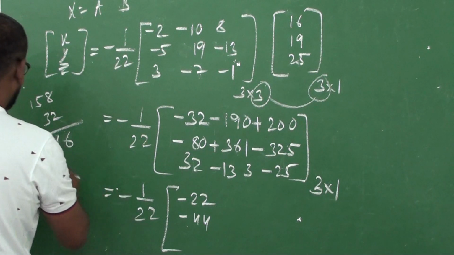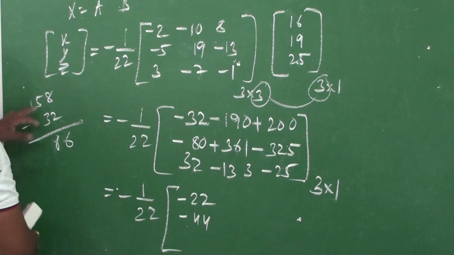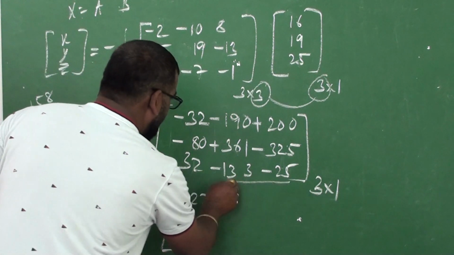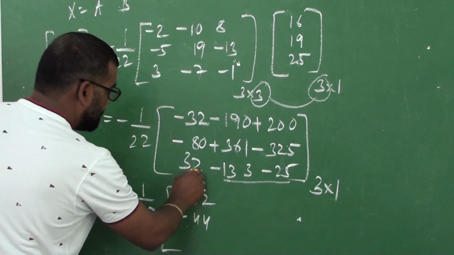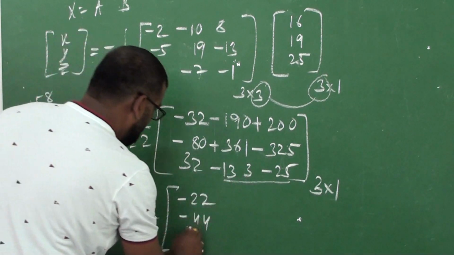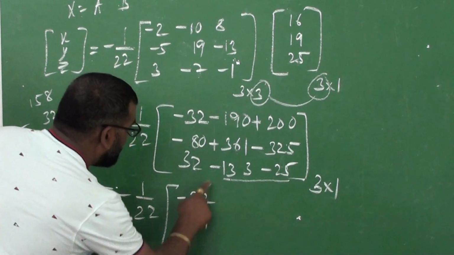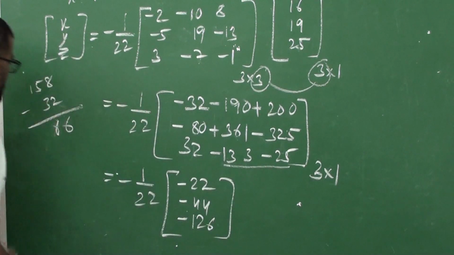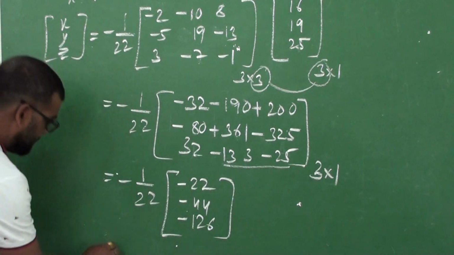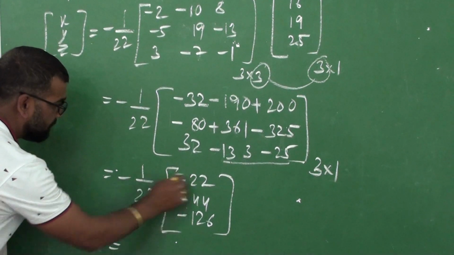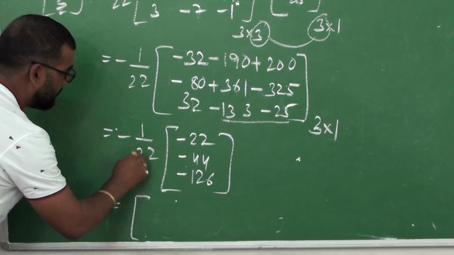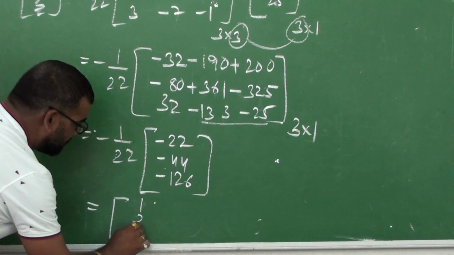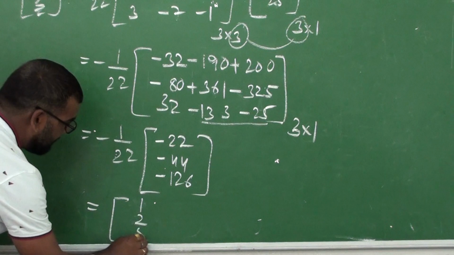So you'll land up to 126. Now simply multiply minus 1 by 22, minus 1 by 22 into minus 22, this becomes 1, this into this becomes 2, this into this becomes 5.